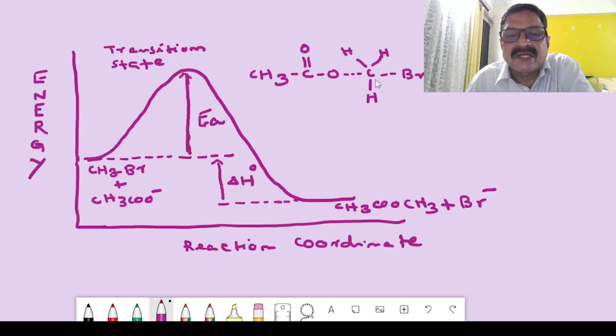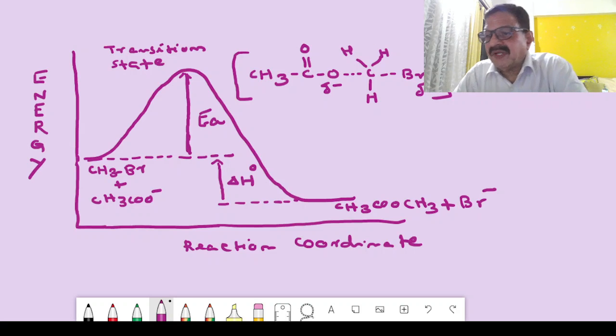I am putting a dotted line here, dashes here. So this oxygen will bear a partial negative charge, and this bromine will bear a partial negative charge. So this is our transition state here. For a one-step mechanism, we put a double dagger.